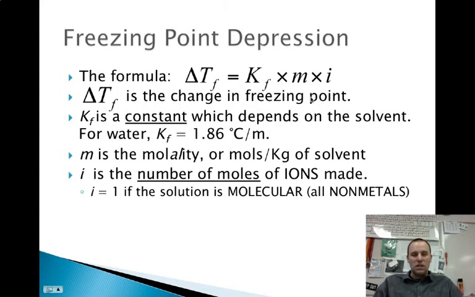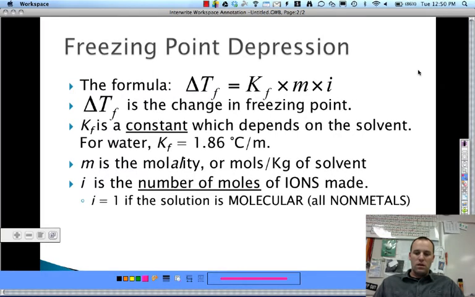So of course, some math comes along with this. The formula for freezing point depression, as it's known, is delta TF equals KF times m times i. To depress something is to put it down, hence the name freezing point depression.